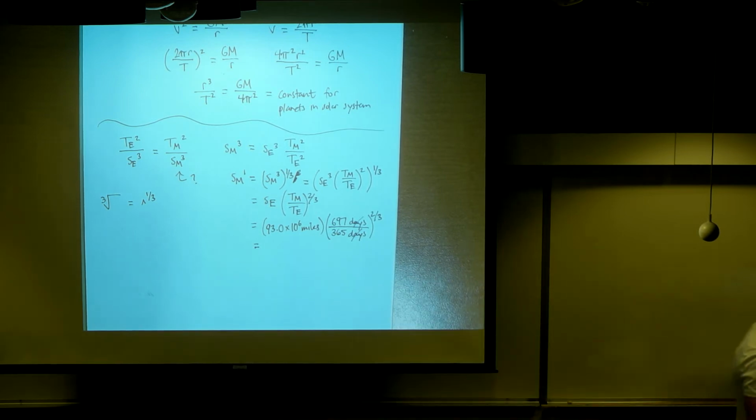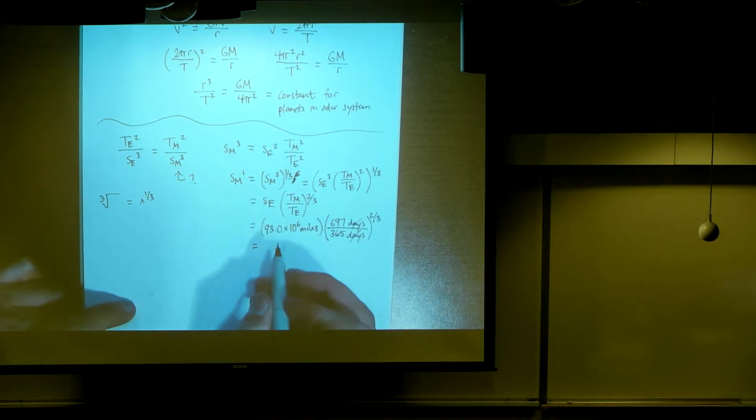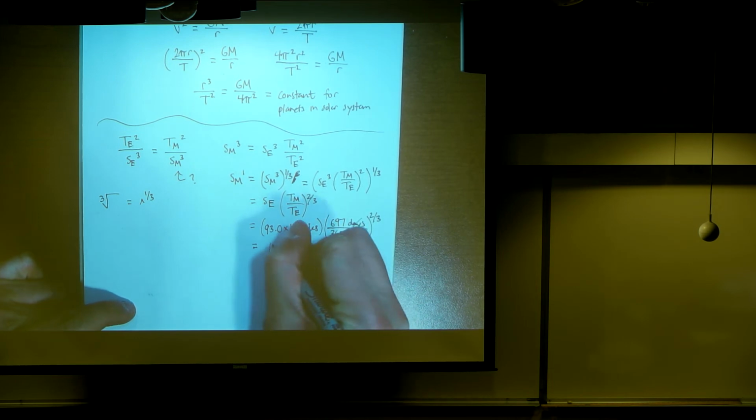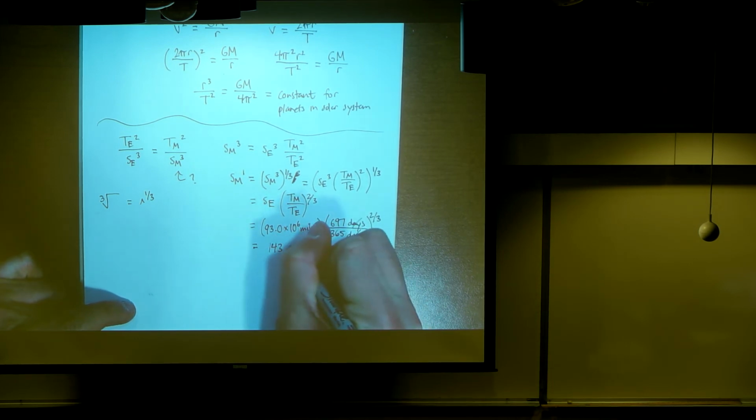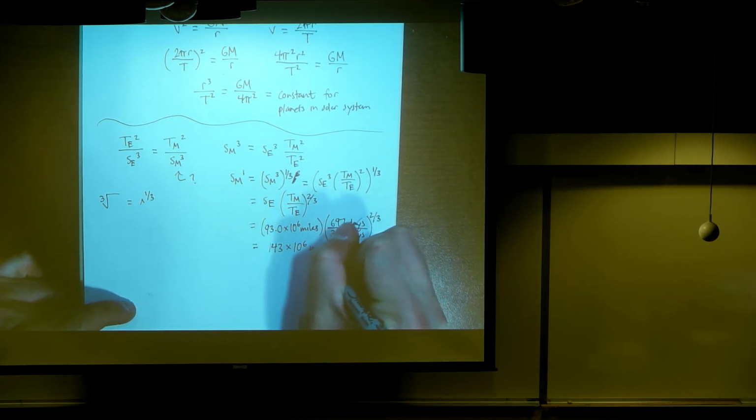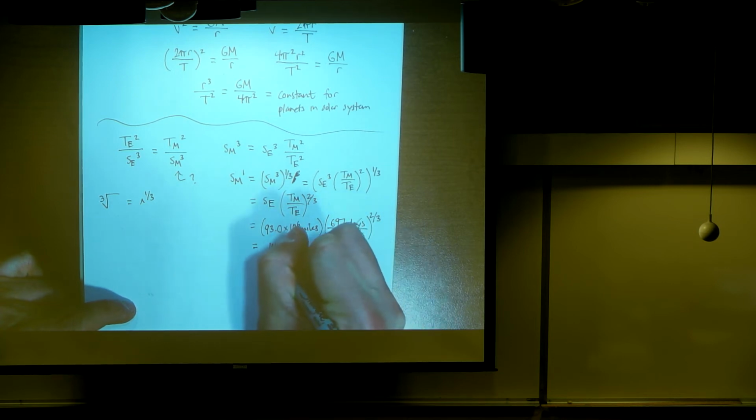That's not what I'm getting. You should be getting 143 times 10 to the 6 miles, okay?